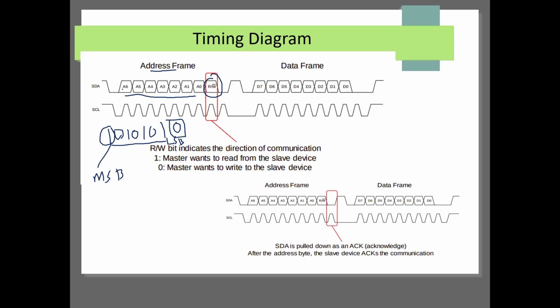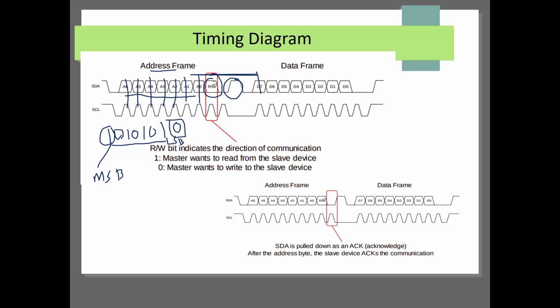See, for every address bit it is maintaining the clock high. Address 6 clock is there, address 5, address 4, address 3, address 2, address 1, address 0, each with a clock. Then this bit indicates the idle condition, during which we can send the acknowledgement bit.